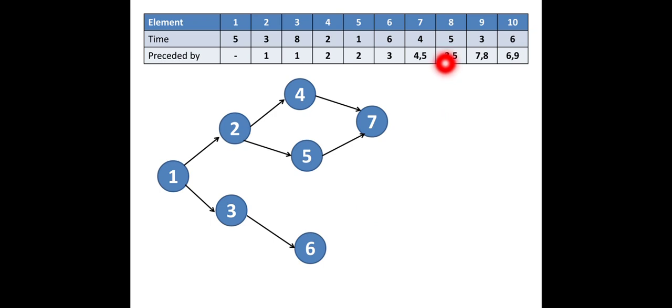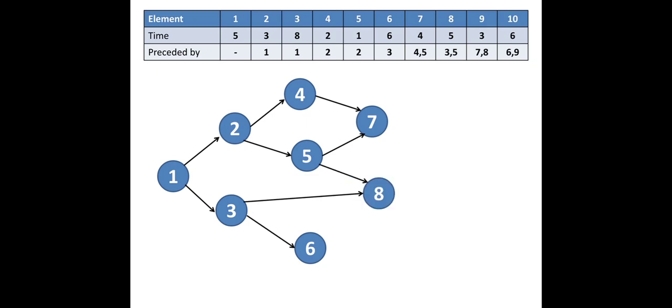Now from 3 and 5 we need to extend the line to represent element number 8. From 3 and 5, I have extended the line to represent element number 8. Now to represent element number 9, I need to draw a line from 7 and 8.